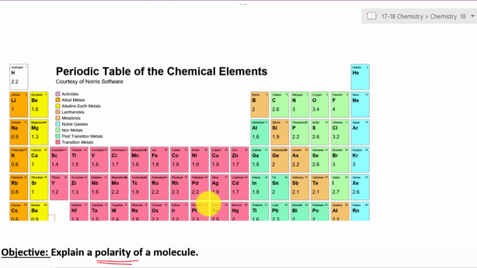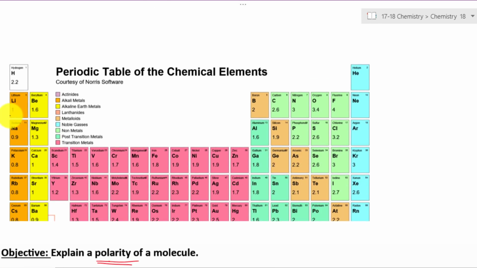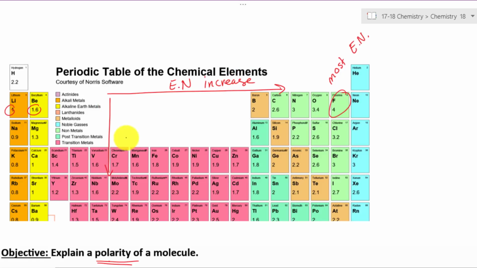Let's review. These are the numbers that represent the electronegativity, and we know that fluorine is the most electronegative. If we look at the periodic trend on the periodic table, going across, electronegativity increases, and going down, electronegativity decreases.